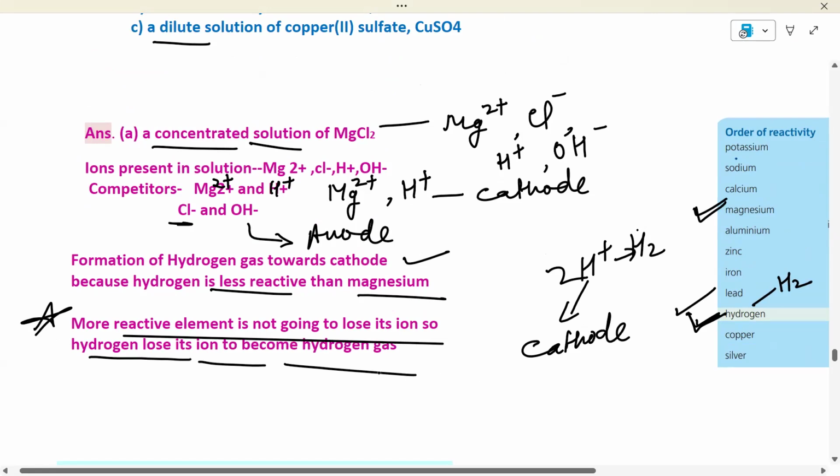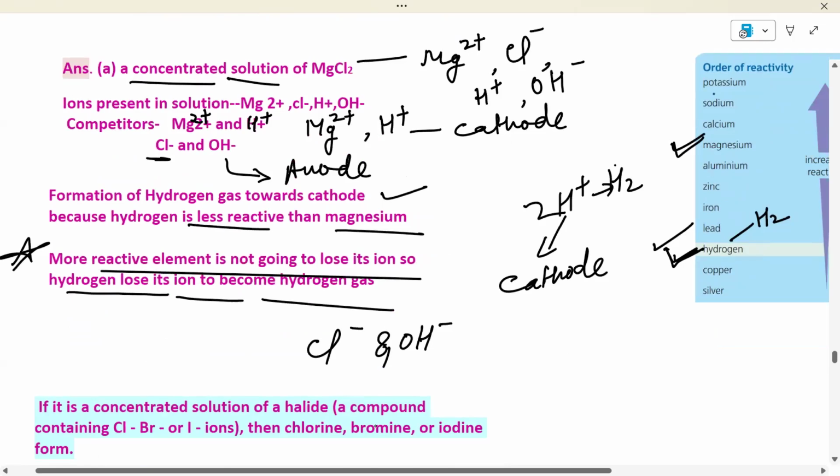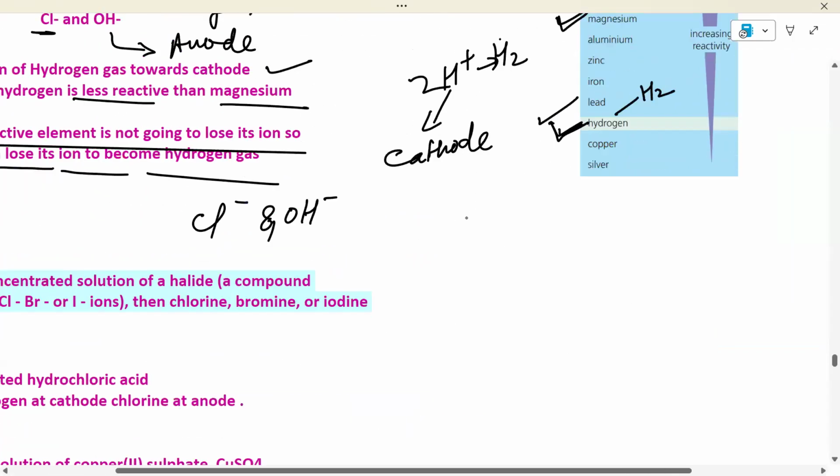What happens at anode? Now here the competition is between chloride and hydroxide towards anode, right? Let's see which one is going to win. Let's see which one wins the race towards anode. Let's see the series for anions.